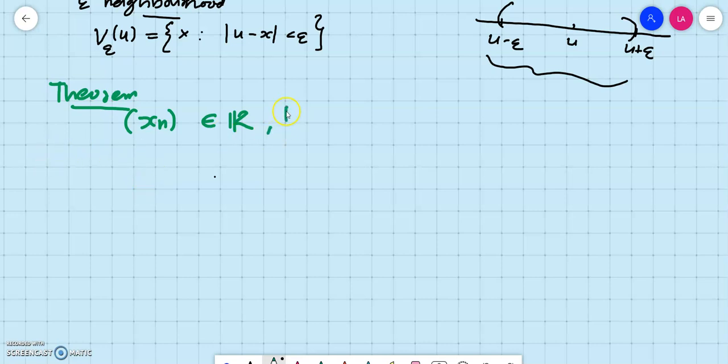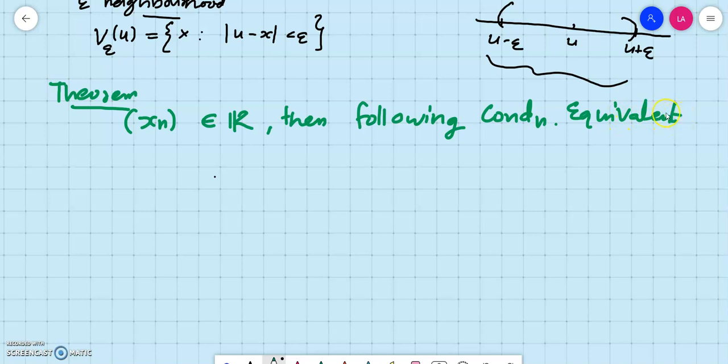Then the following conditions are equivalent, meaning they are the same; you can replace one condition by another. The first condition is that xn converges to x, or xn is a convergent sequence.